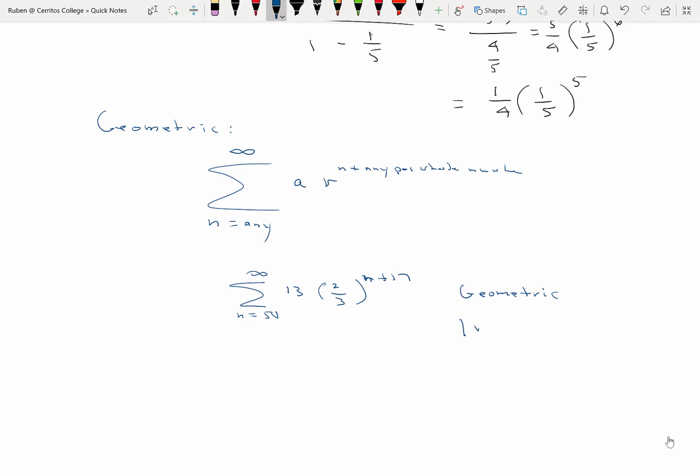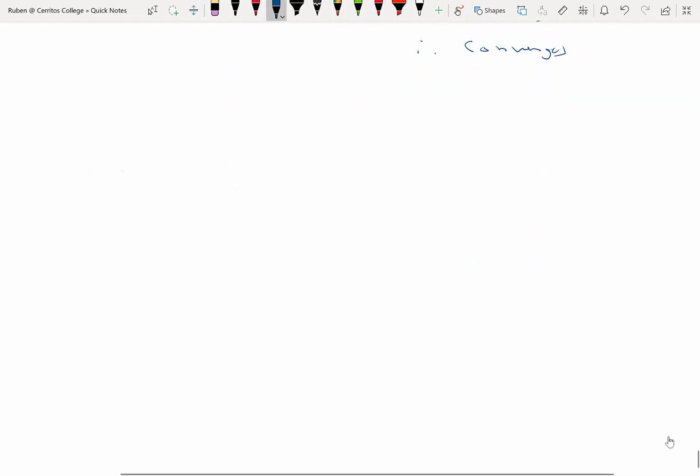Not only that, we can identify the absolute value of r to be 2/3, which is less than 1. Therefore, the series converges. Okay, there's a little bit of a hint for dealing with series that don't exactly fit the mold. All right, we're almost done with the section.